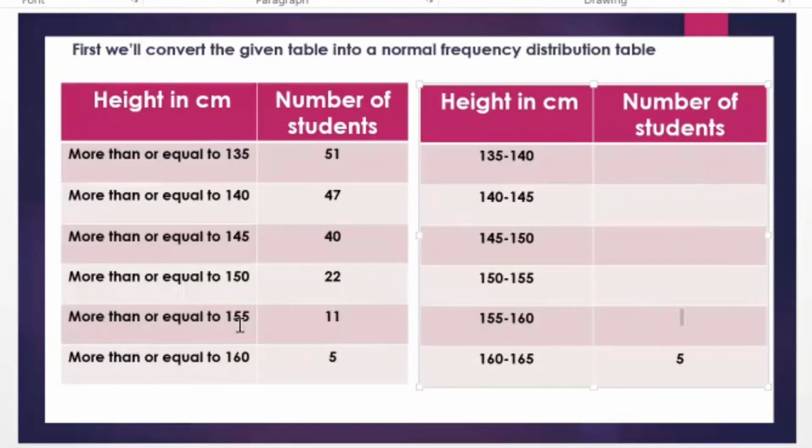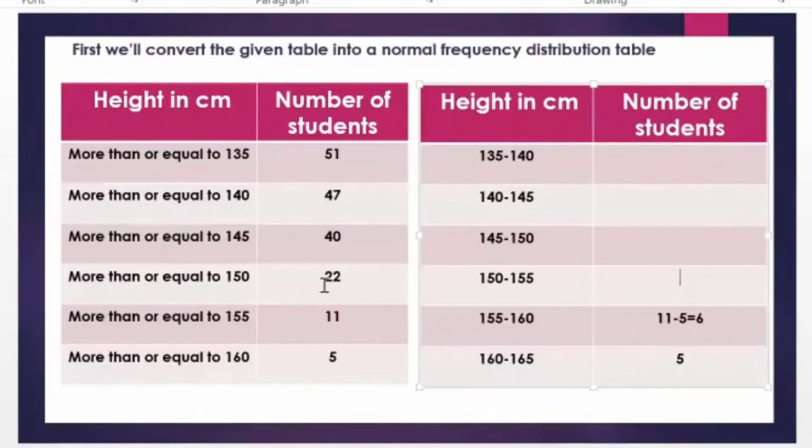More than or equal to 155 includes the number of students who had heights from 155 to 160 and from 160 to 165. That means this 11 includes these 5 students also. So here I will write 11 minus 5 is equal to 6. Next, when I say more than or equal to 150, it means it is having 150 to 155 and more than 155 also.